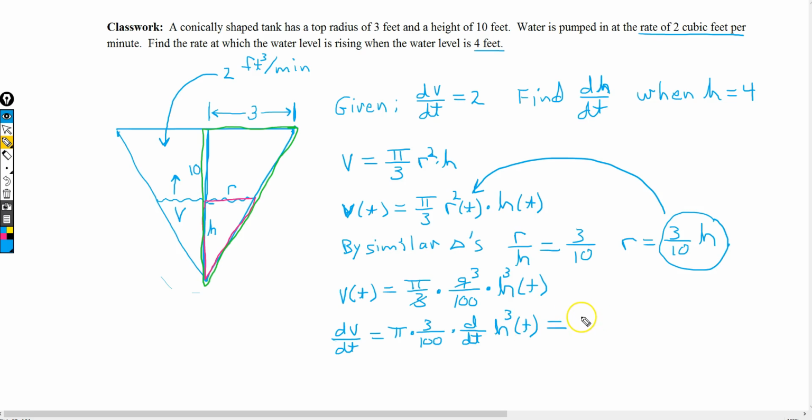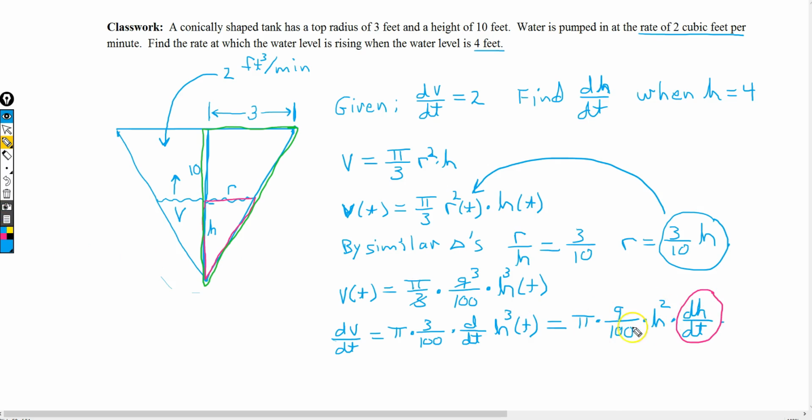So this is going to become, and there we go. Now we have to solve for the dh/dt right here. This is what we want to solve for.